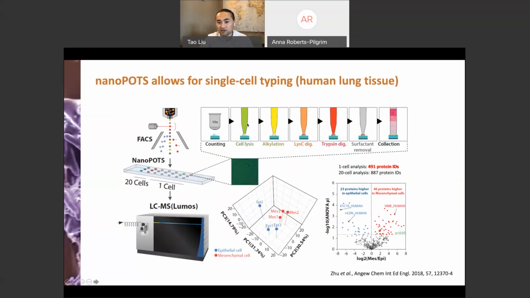Like I mentioned before, all this sample handling, from initial lysis to alkylation, digestion, and final analysis, is conducted automatically within the same nanowell with a volume smaller than 200 nanoliters. In the end, we were able to identify about 500 proteins from each single cell. In the case of the 20-cell samples, we have about 900 protein IDs, and we can also capture the essence of the differences between these different cells.